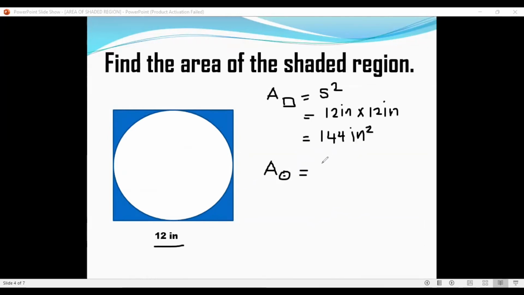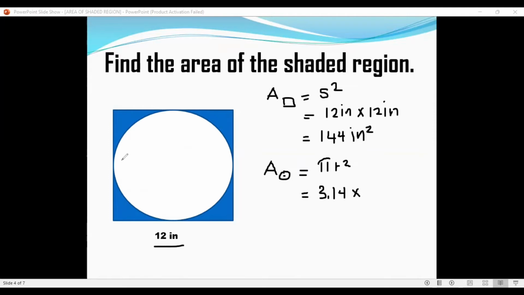So again, we have to take note of the formula, which is pi r squared. And we know already that our pi is 3.14. The missing quantity here is the radius. So look into this figure now, because sometimes you might think that the 12 is the radius, but it is not.